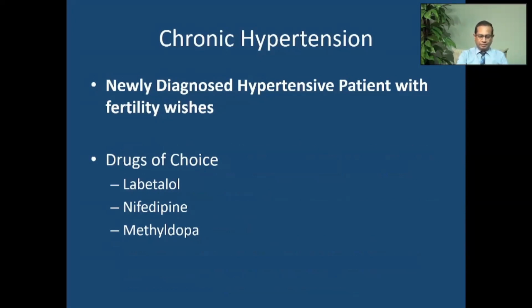Sometimes you might be able to start with a low dose of labetalol, but later on the requirement will go up and the patient needs to spend a lot of money on these medications from outside pharmacies. And if for any reason you are unable to give labetalol, then it is better to start with nifedipine. This is a cheaper drug with good control. And if you are unable to give both, then the third option available is methyldopa.